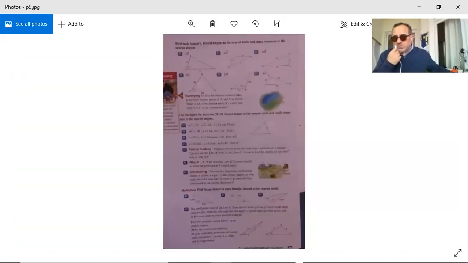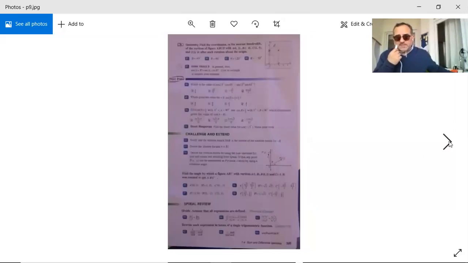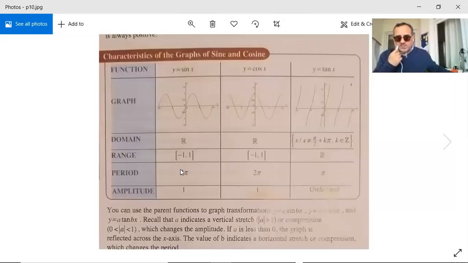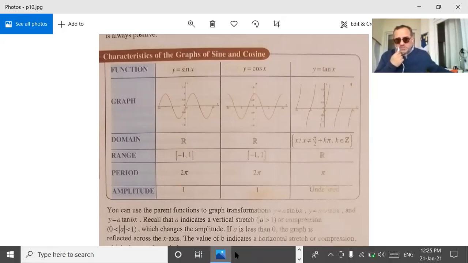And in section 2, what you have to study is just this one. I ask you what's the domain of sine, for example, or what's the range of sine. You have to write this one. Period, no, I don't need period, and I don't need amplitude.